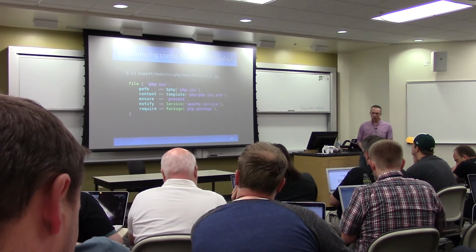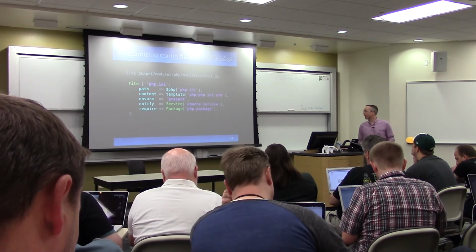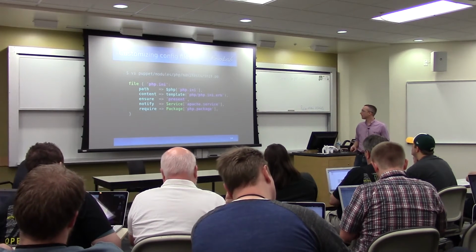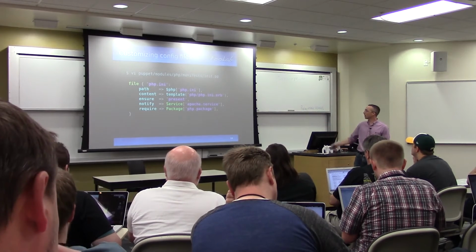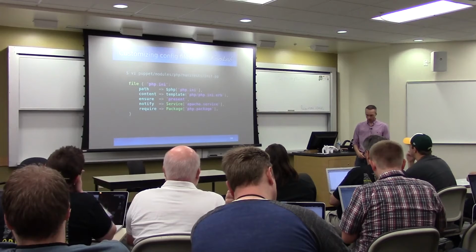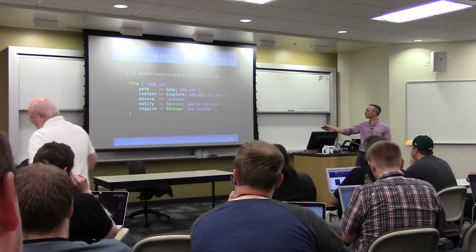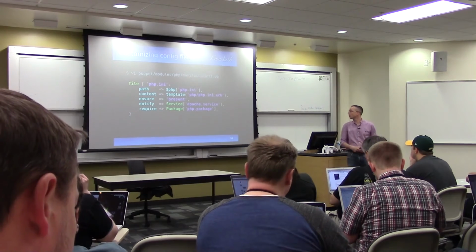And now we want to change the values in our PHP INI, because there are hard-coded values there that we want to customize. So we add another resource, which is a file resource, and we use a template.